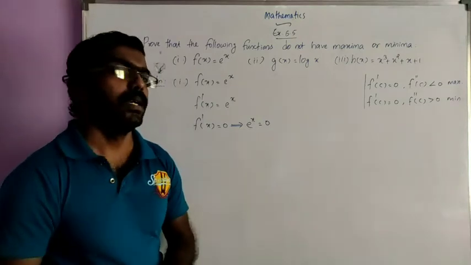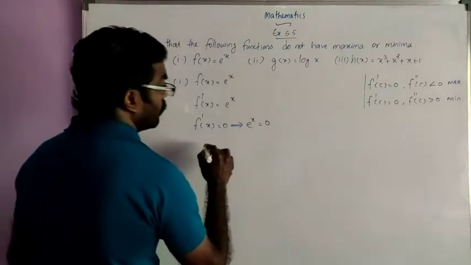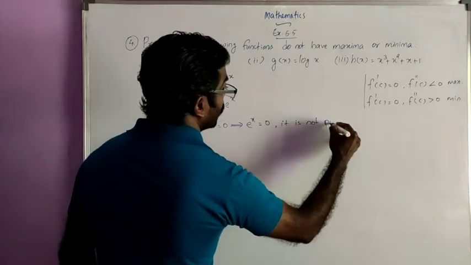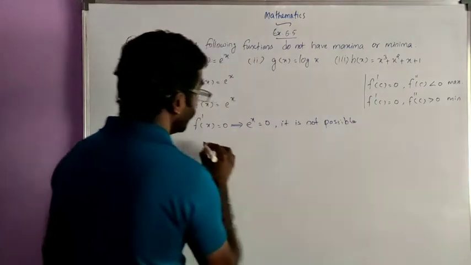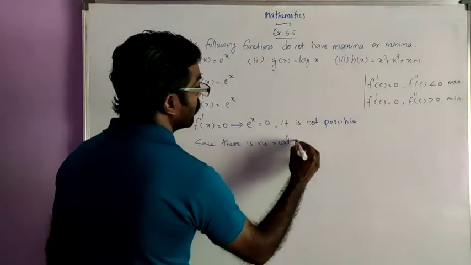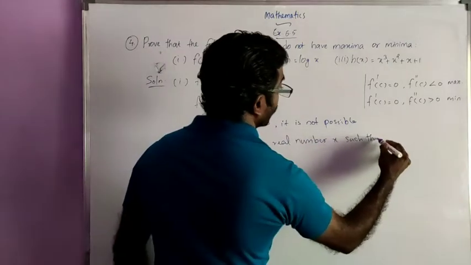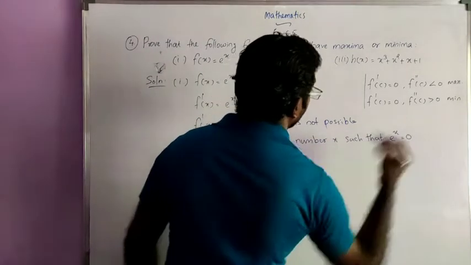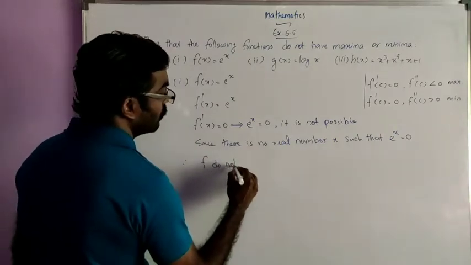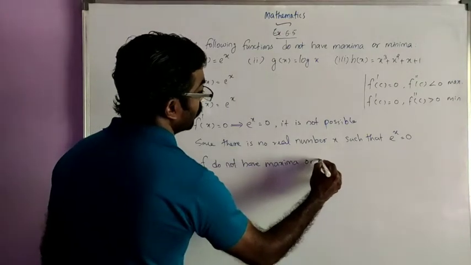So we can conclude the function do not have maxima or minima, since there is no real number x such that e raised to x is equal to 0. Therefore, the function f do not have maxima or minima.